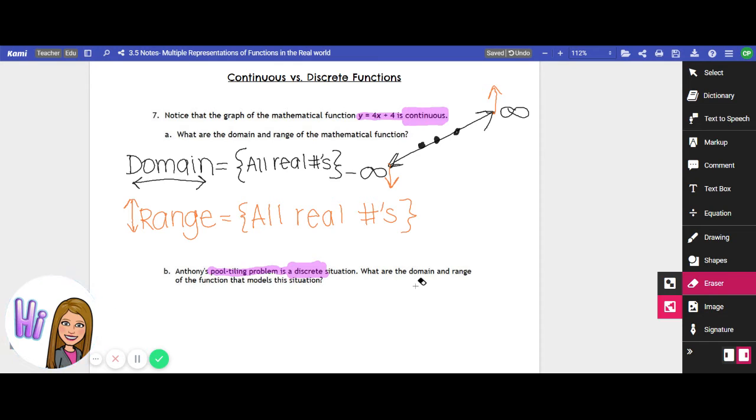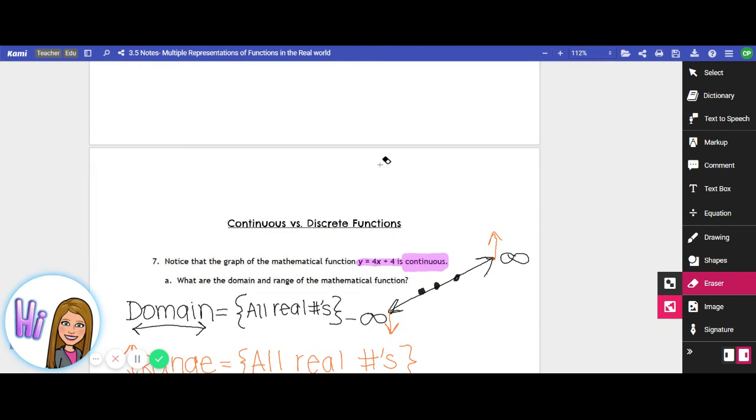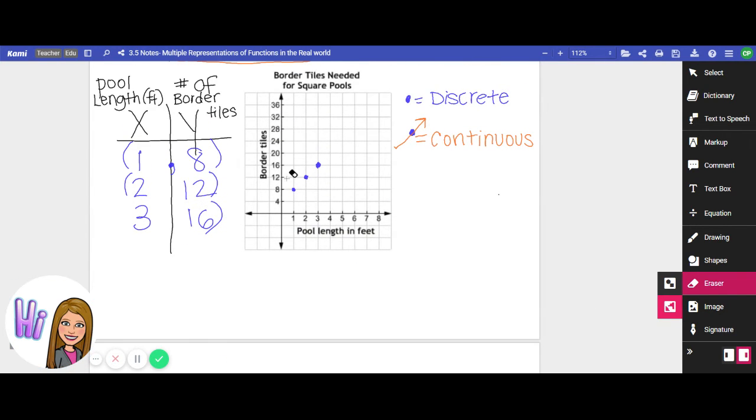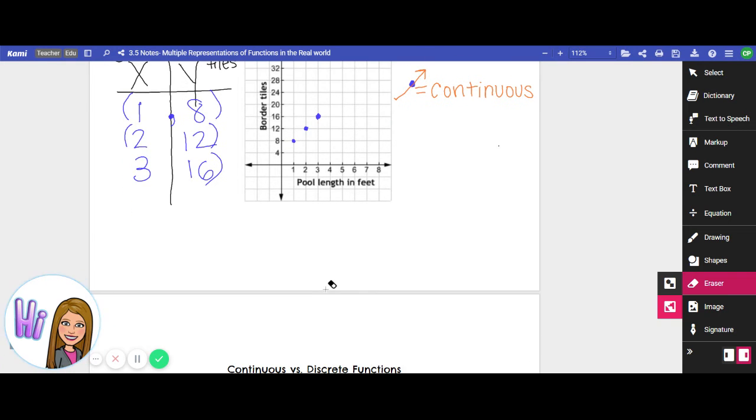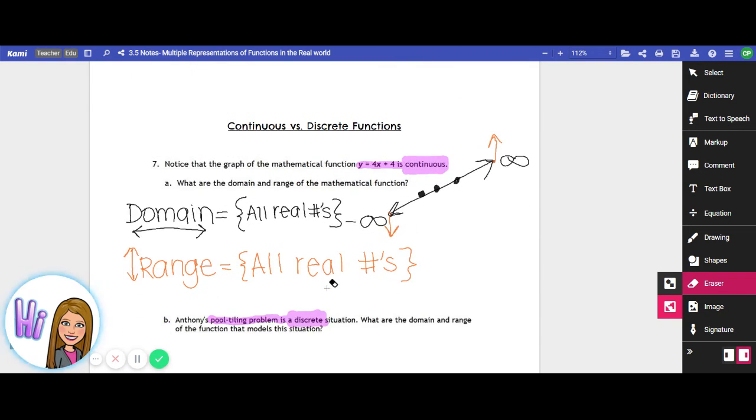To write his domain, we have to remember that Anthony only worked with whole tiles. He didn't work with half tiles or fractions of them. So his domain could only be a tile count of 1, 2, 3, any number that's positive, so not equal to 0 and not less than 0.